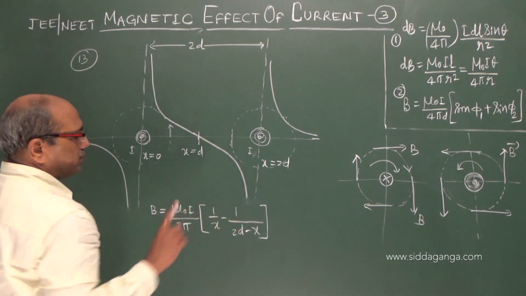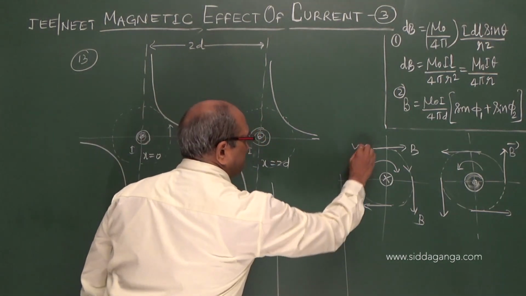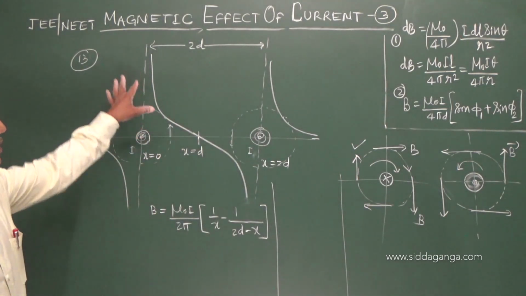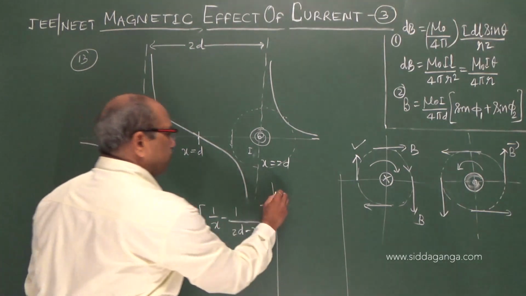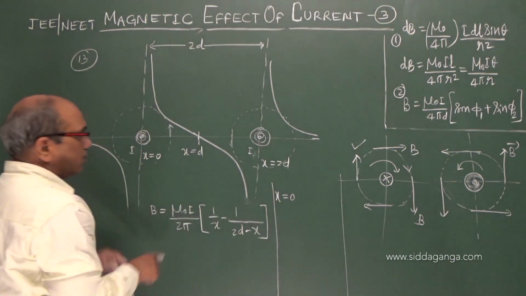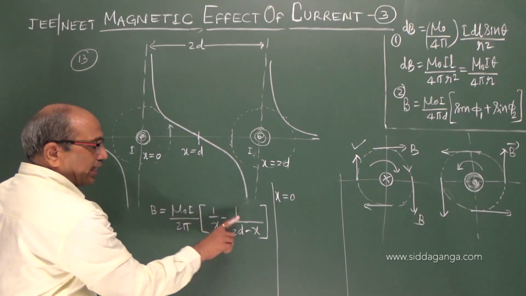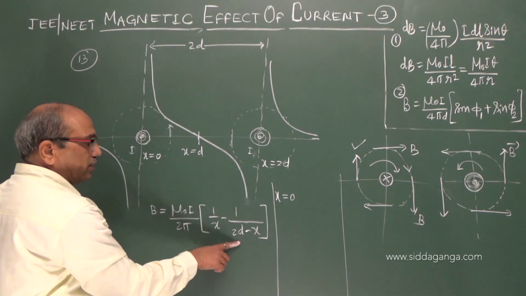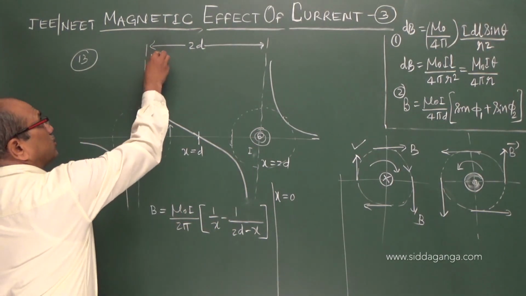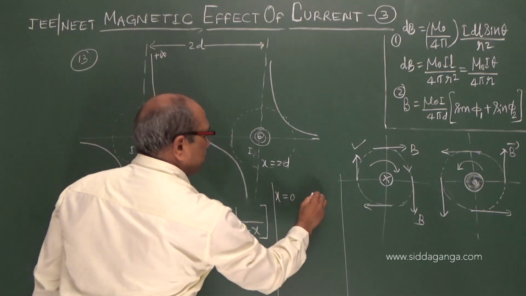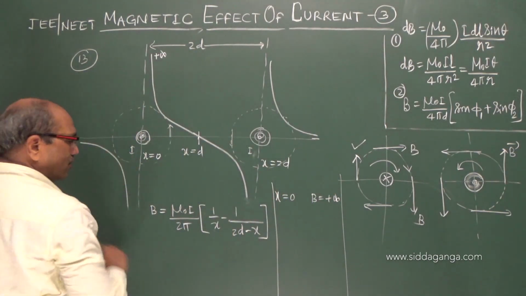Now we estimate it by taking separate cases. If x is 0, 1 by x is infinity, positive infinity, and the other term 1 by 2D is negligible, so infinity minus a finite value is positive infinity. B becomes plus infinity at x equal to 0.